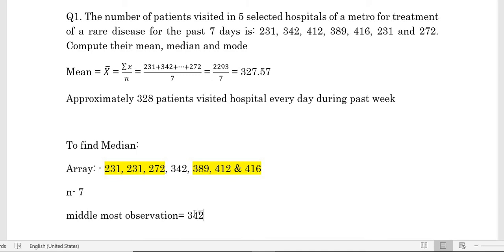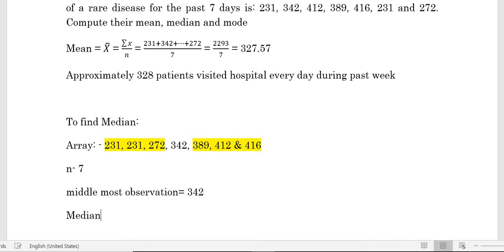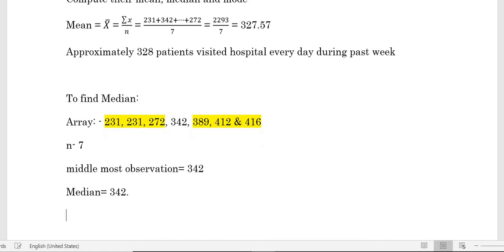So that is median. Hence, our median is 342. Okay. So the interpretation of 342 is that on 50% of days, that is out of 7, on 3 days we had less than 342 patients, and the remaining 3 days we have more than 342 patients.